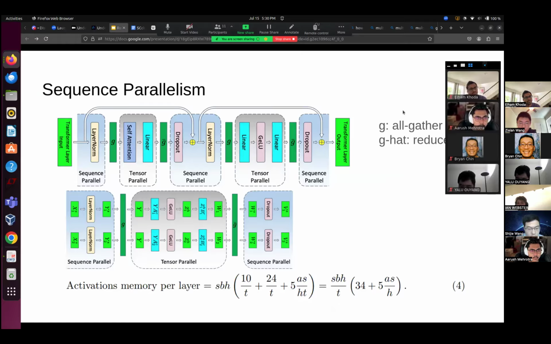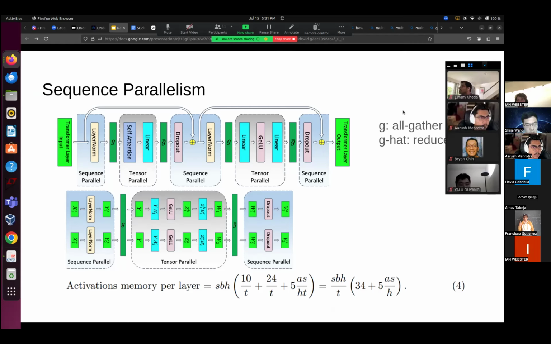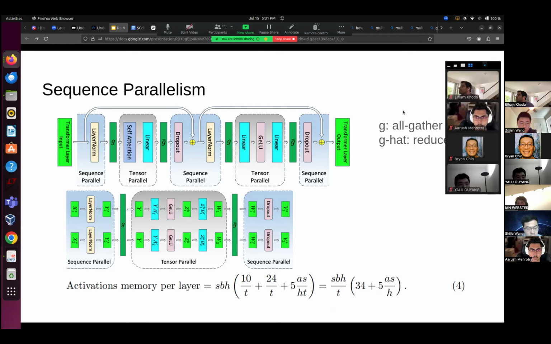So if you look at the blocks that say sequence parallelism, we're parallelizing dropout layers and layer norms, these two parts, and we're sharding them along their sequence dimensions. So we're also splitting those across different GPUs, so that they can be processed individually and also reduce the memory per GPU.